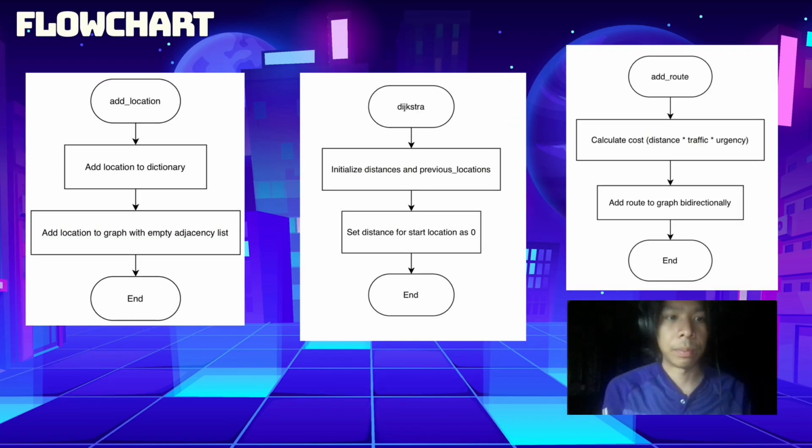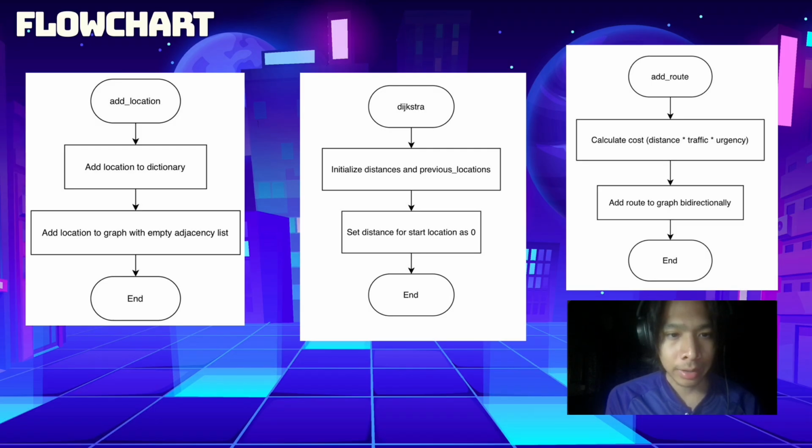Now I'm going to talk about the predefined processes in the previous class. So let's start with add location. It works by adding the location to the dictionary, then adding the location to the graph with an empty adjacency list, and then it's finished. The second one is Dijkstra.